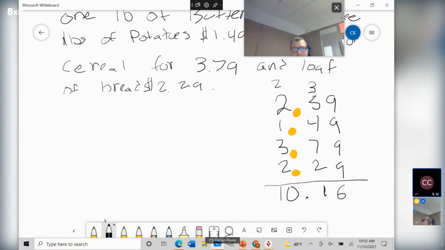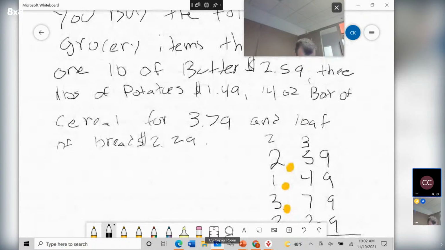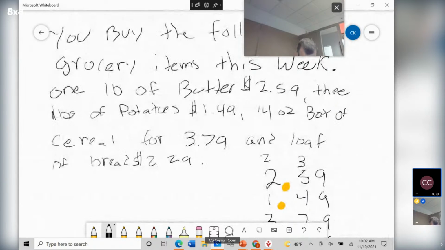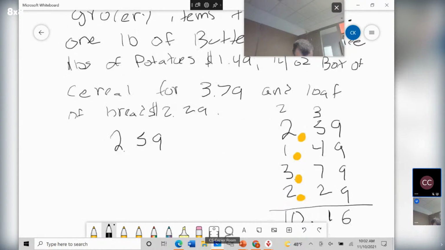And the next question I would ask you is, what is the difference between the butter and the potatoes? So we go back up, look up here. So butter was $2.59, and potatoes was $1.49. And one thing I'll get to it in a second.